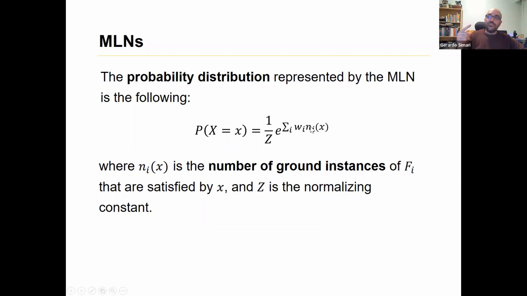Because if I just had the feature, I would still have to do this for each one of the ground instances that are satisfied. So we just have this abbreviated form. And Z is again the normalizing constant, in the same way as it was before.